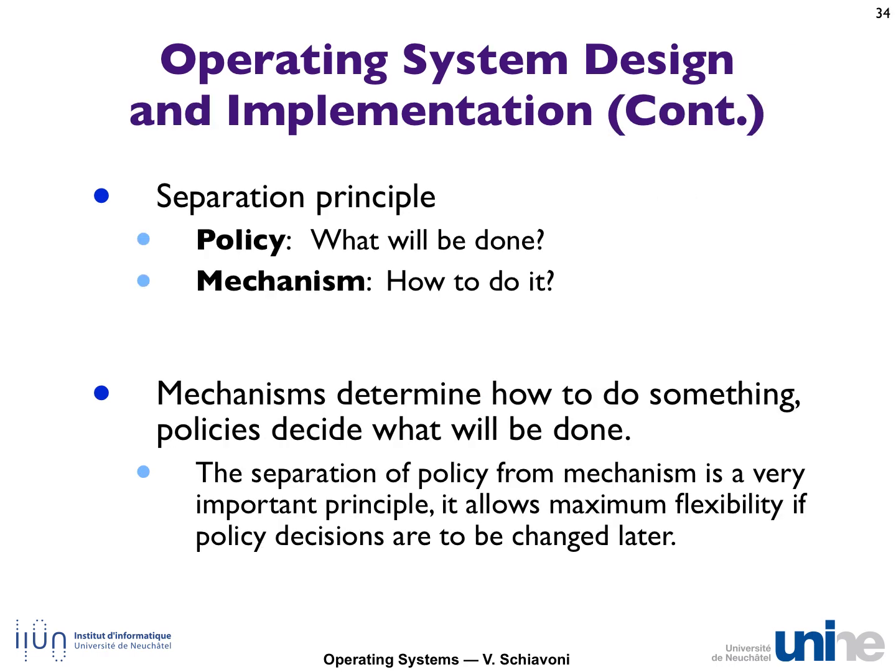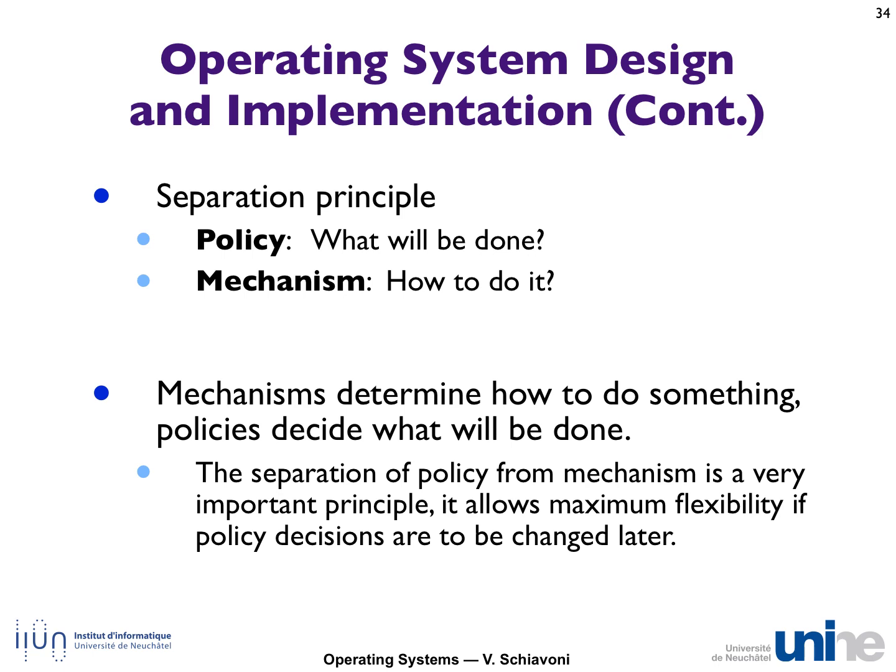So one important principle that needs to be considered when dealing with the design and implementation of an OS is that of separation. There are two things that you need to consider: a policy, so what will be done by the OS, and the mechanism that will implement that policy, how it will be implemented.